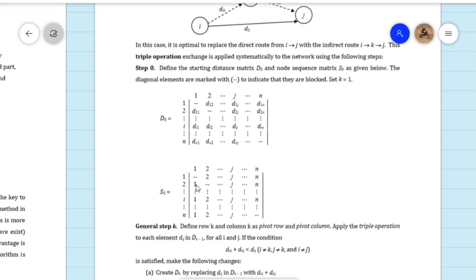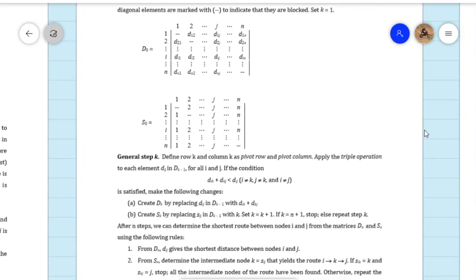Then S is the matrix that would tell us the sequence of the nodes in the route, how the nodes are placed in a certain order so that you can move from one node to another. So the sequence matrix is represented by S, and the distance matrix by D.